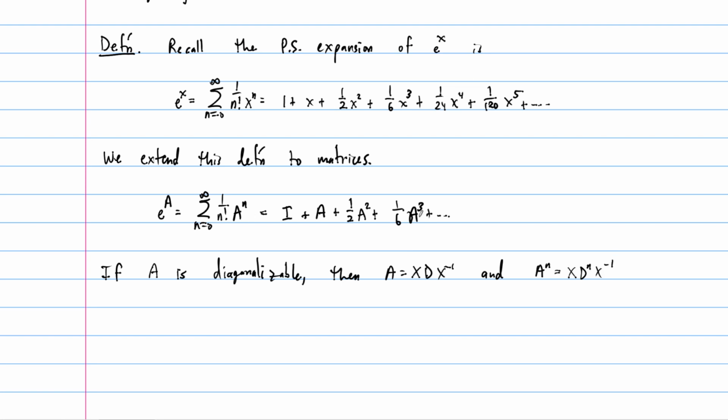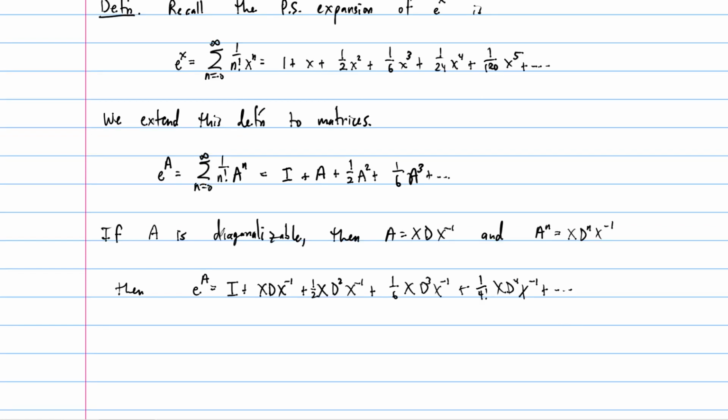If we plug into this definition, then look what we get. e to the A is going to be I plus X D X inverse plus 1/2 X D squared X inverse plus 1/6 X D cubed X inverse plus 1 over 4 factorial X D to the 4th X inverse, etc.